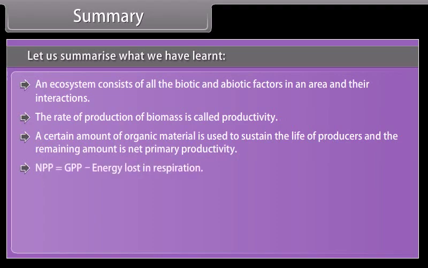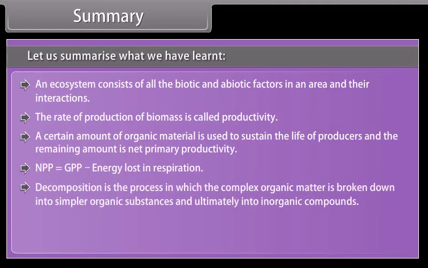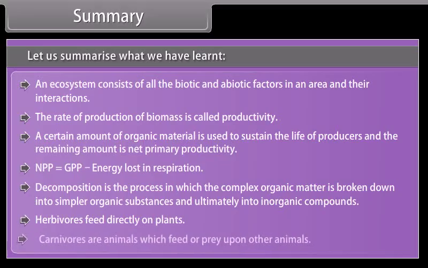NPP is equal to GPP minus energy lost in respiration. Decomposition is the process in which complex organic matter is broken down into simpler organic substances and ultimately into inorganic compounds. Herbivores feed directly on plants. Carnivores are animals which feed or prey upon other animals.